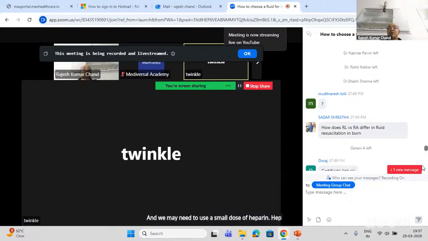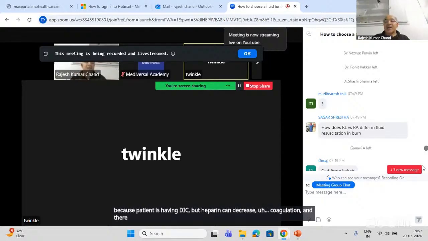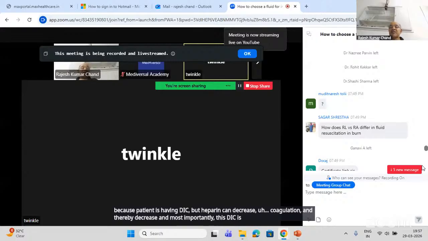Heparin sounds counterintuitive because the patient is having DIC, but heparin can decrease coagulation. And most importantly, this DIC is a result of inflammation. We need to control inflammation. There may be a role for steroids, and we should send procalcitonin.